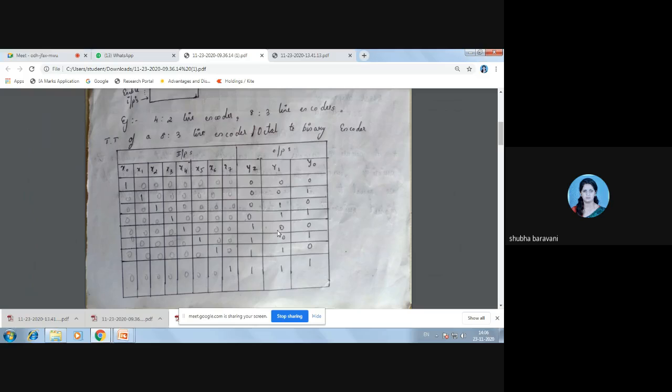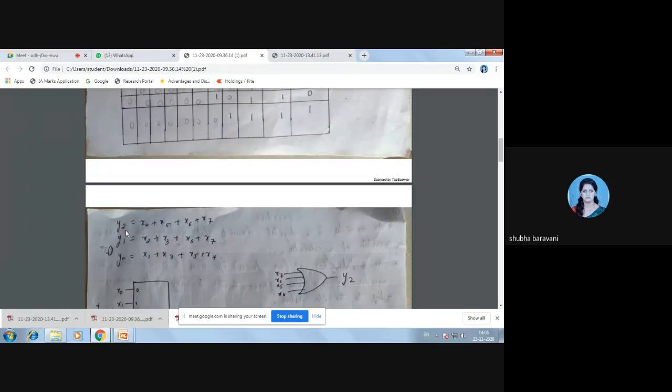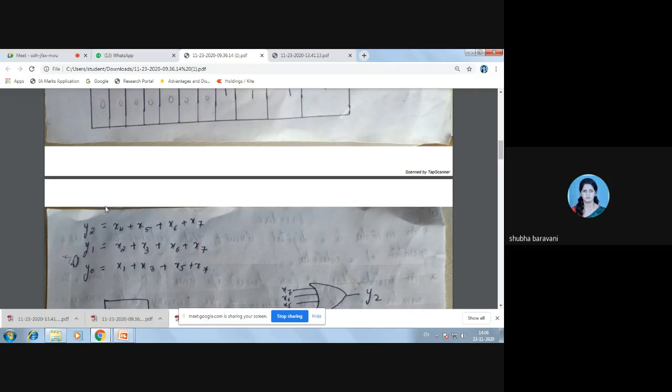Right. Next, for this now we'll write the equation. So see, y2 is high for what? See, y2 is high for x4, y2 is high for x5, y2 is high for x6, y2 is high for x7. So what I have written is y2 = x4 + x5 + x6 + x7. Is there any problem in understanding this equation for y2?